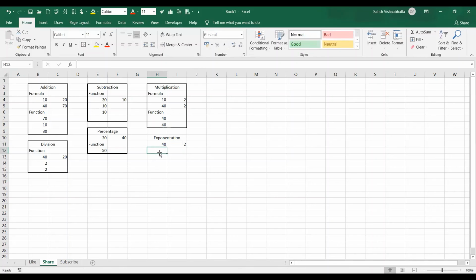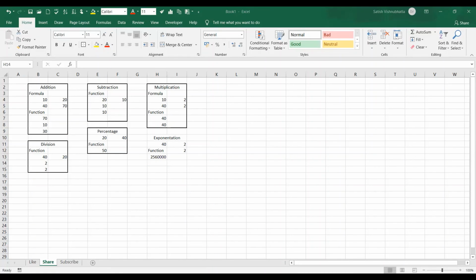The function for this is equals to 40, and then shift plus 6 if you don't know the key, and then 2, and we get 1600. Now if I want to add another power of 2 here, we get 256,000.